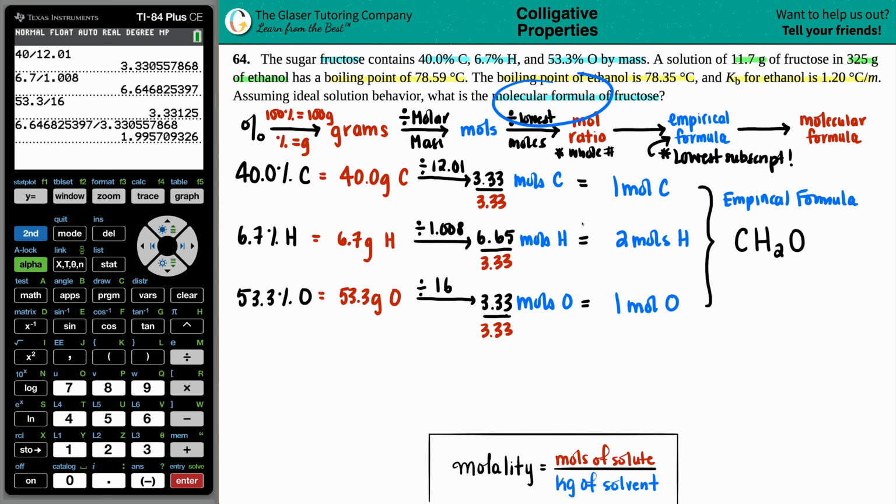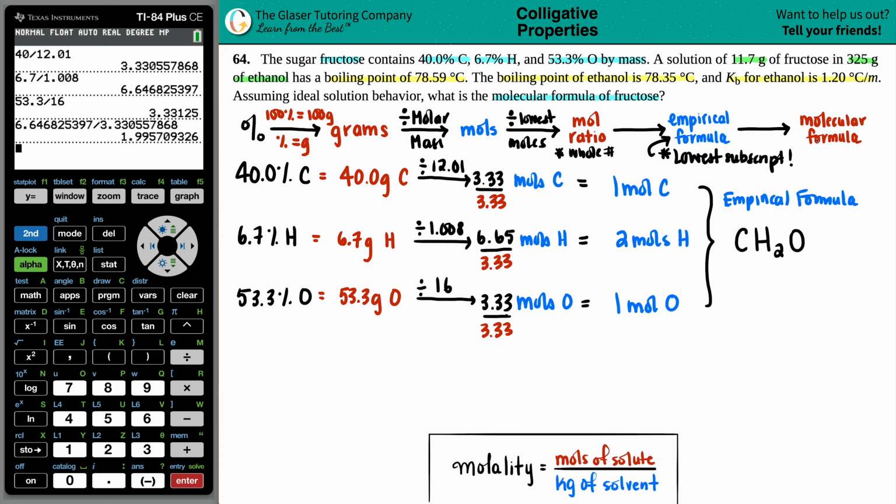We need that molecular formula. We are 1 step away from answering this problem. But I did say strap yourself in, right? Because do I know the molecular mass?